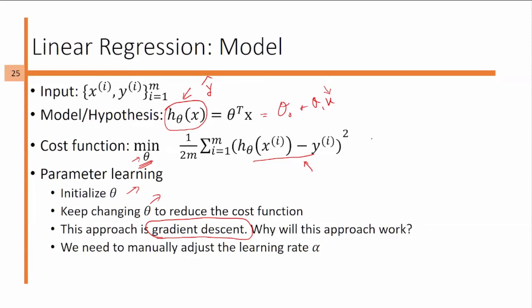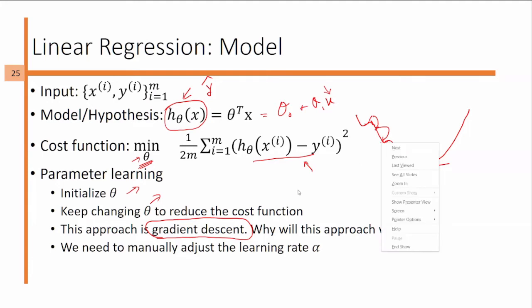So basically, if you have something like this, you start from a point out here, and then you keep on going down, and at each iteration you take some small steps, and then you finally reach the bottom. You look around and you choose that particular value which is the minimum.